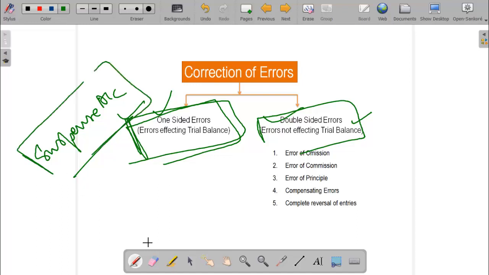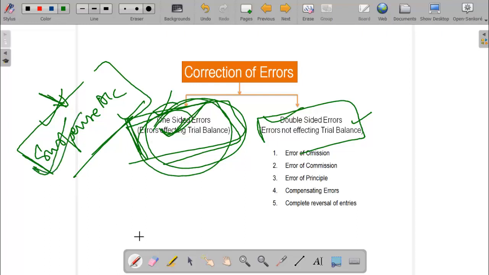So whenever you find a one-sided error, you will rectify it, and to rectify that one-sided error you take the help of which account? Suspense account. Understood this rule? Because in the trial balance the suspense account is there because of these errors, so we will rectify these errors with the help of the suspense account only.